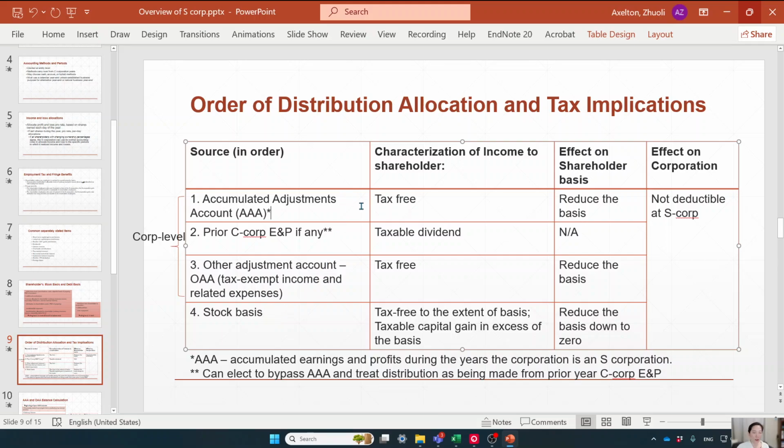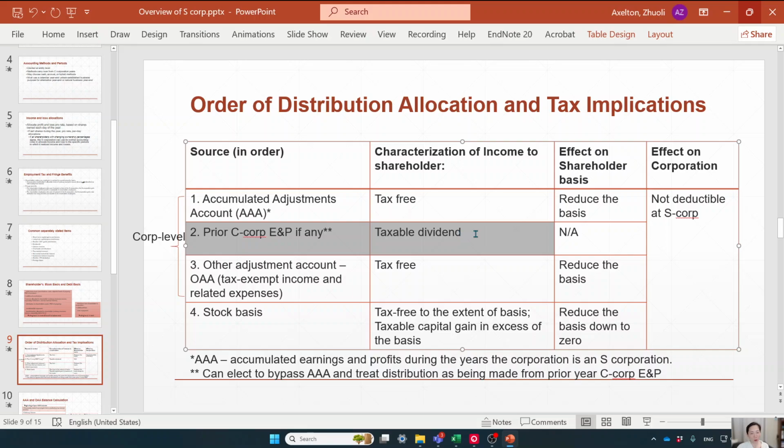And the reason why we set up those different buckets is to try to capture any distribution that should have been treated as a taxable dividend during the C Corp period. If the corporation is set up as a C Corp first, then later is switched to S Corp status, then any distribution out of the C Corp E&P should be treated as a taxable dividend.